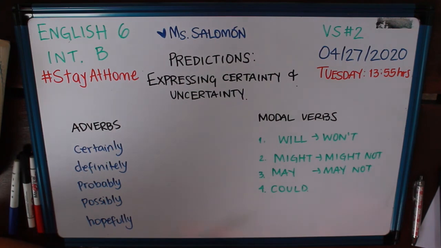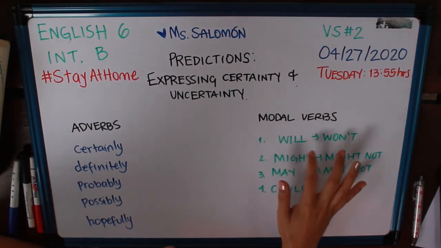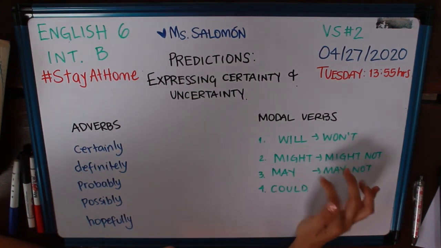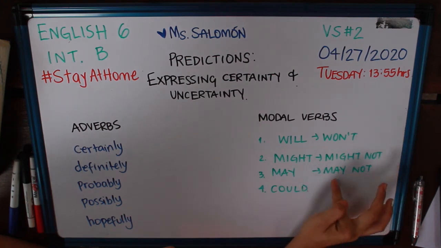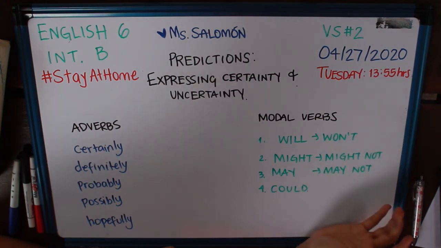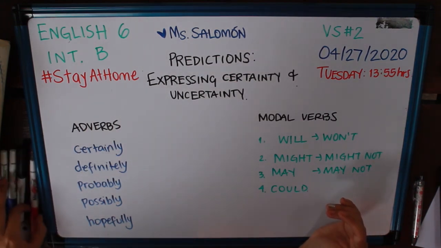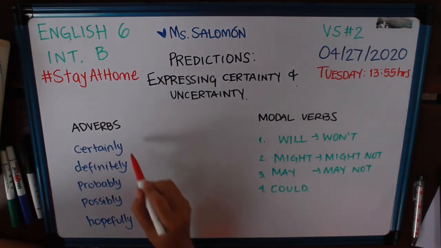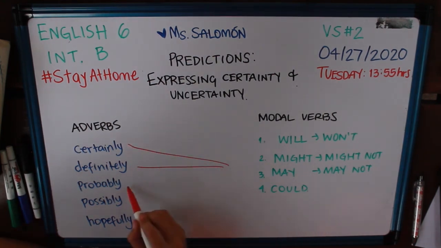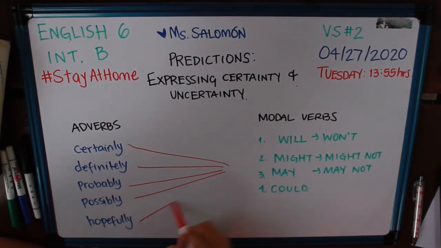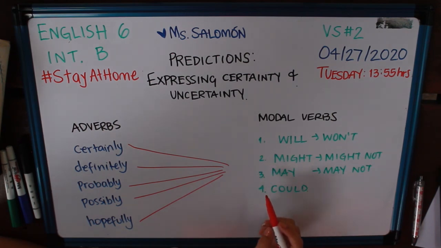We also said that these modal verbs, will and its negative form, won't, might and might not, may not, and could, are also used to express a certain degree of certainty. And the main thing is that we could choose to add these adverbs to these modal verbs, and the degree of certainty will also be modified.